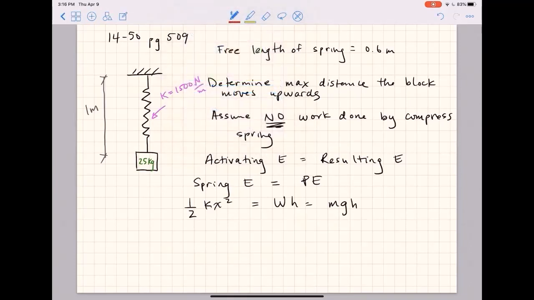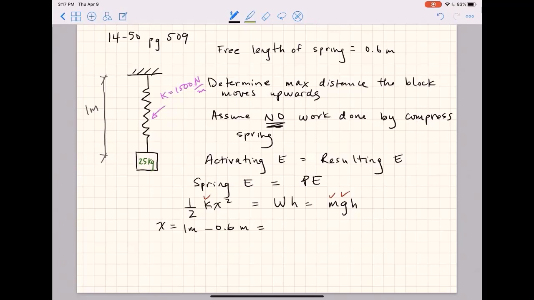So let's look at these. We need to find out what h is. We have m, we have g, we have k. Do we have x? We do, not directly, but we can solve for that, right? X is equal to, it is currently at a state of 1 meter, but its free length is 0.6 meters.